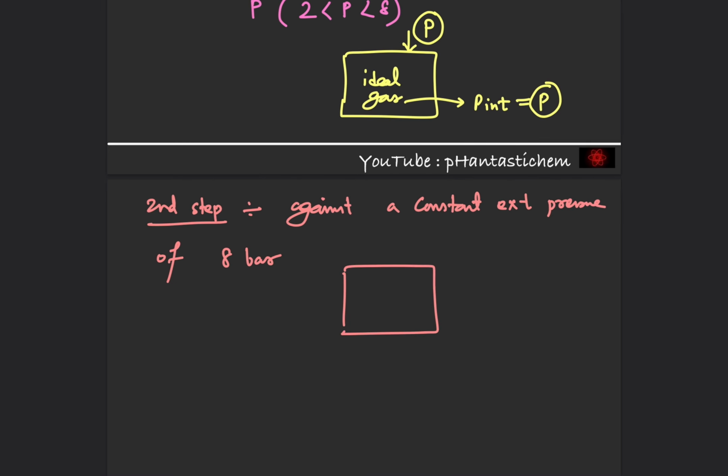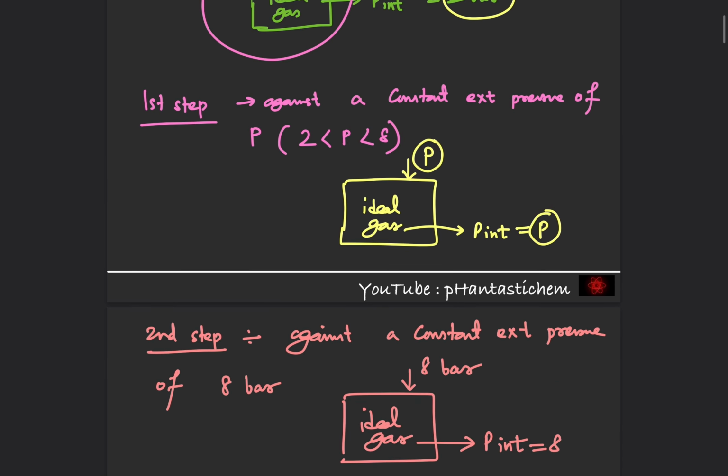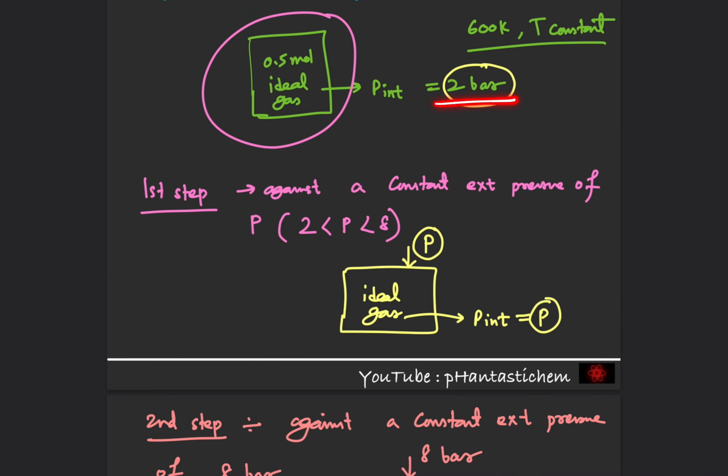So now the same ideal gas, we apply an external pressure of 8 bar and we keep applying this till the internal pressure becomes 8. Okay, so it was P here, then we apply 8 bar pressure so that the internal pressure becomes 8 from P. Okay, so in the first step our initial pressure was 2 bar, then finally it became P.